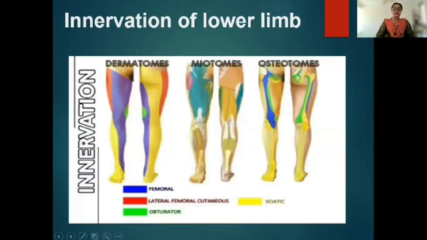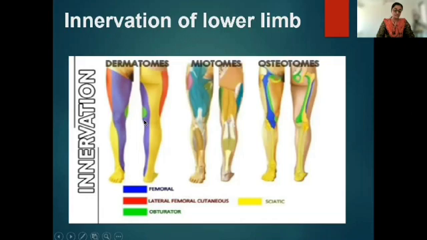Now, if you see the innervation in terms of dermatomes, myotomes, and osteotomes, the major nerve anteriorly is your femoral. It's the largest branch of the lumbar plexus, and after supplying the skin of the anteromedial surface of the thigh and the medial aspect of the lower limb, ankle and foot in its terminal branch, that is the saphenous nerve.